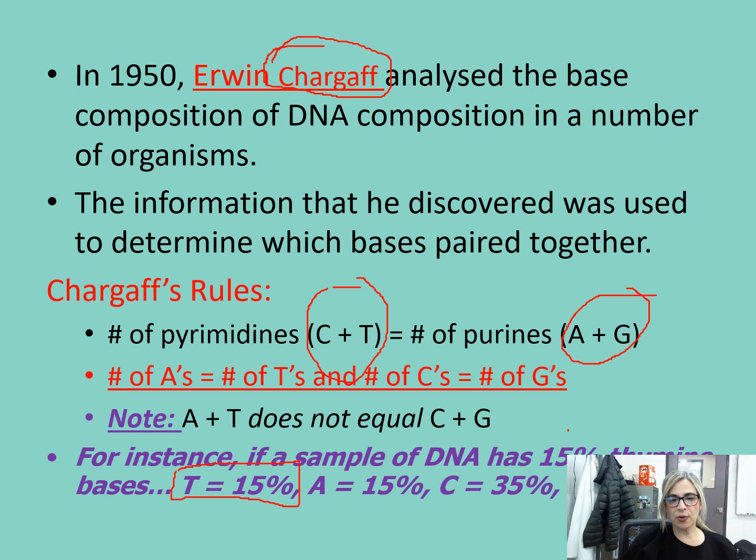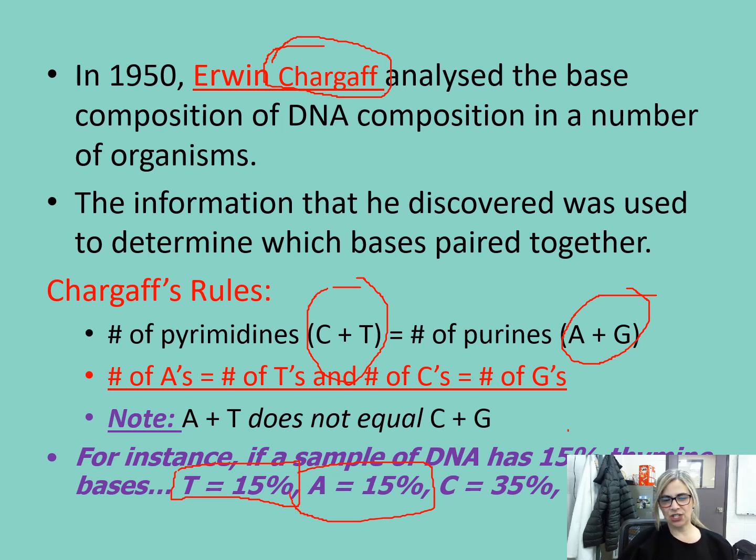The first thing to remember with Chargaff's rules is that your percentage of T's has to be equal to your percentage of A's. So therefore, if thymine is equal to 15% of that particular DNA sample, then adenine also has to be equal to 15% of that sample.